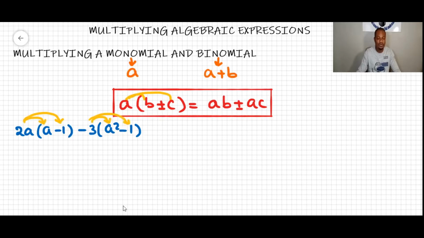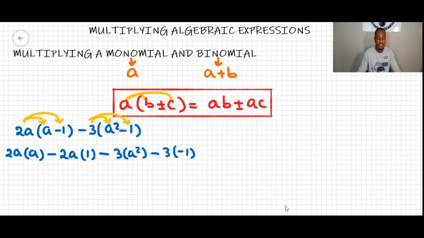So 2a times a will make 2a squared. So it's going to be 2a times a, minus 2a times 1, minus 3 times a squared, minus 3 times negative 1.